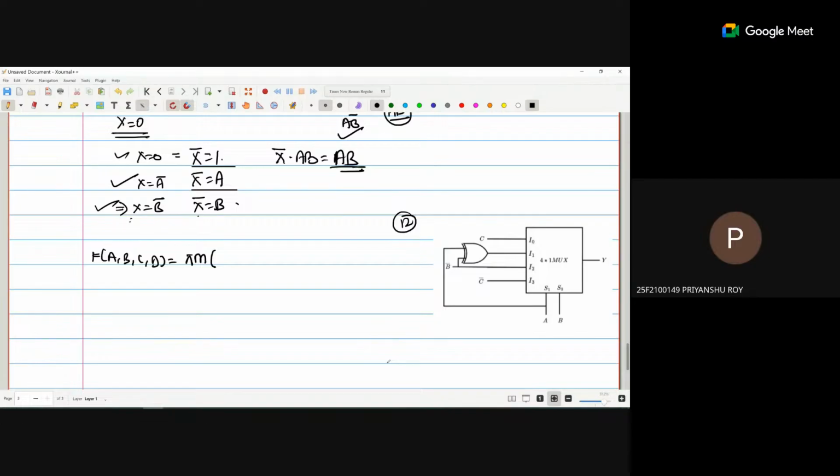Yes, it's 2, 3, 4, 6, 8, 10, 14, and 15. Okay, so can I write it down as sigma m of 0, 1, 5, 7, 9, 11, 12, 13?